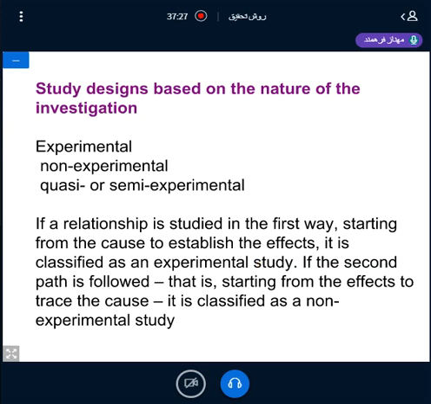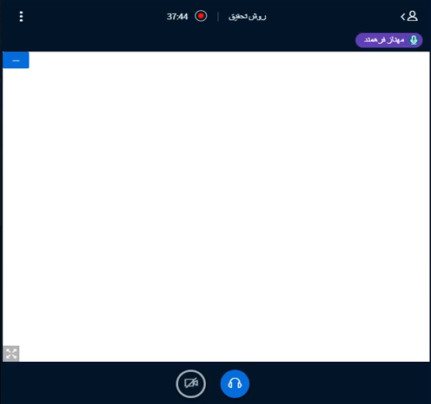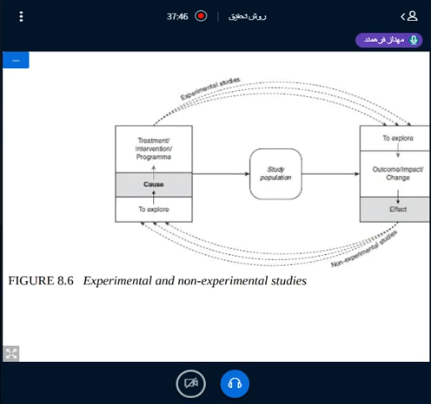If the second path is followed, just reverse, okay? Starting from the effects to trace the cause, it is classified as a non-experimental study. You can see this picture and you can understand better, okay?